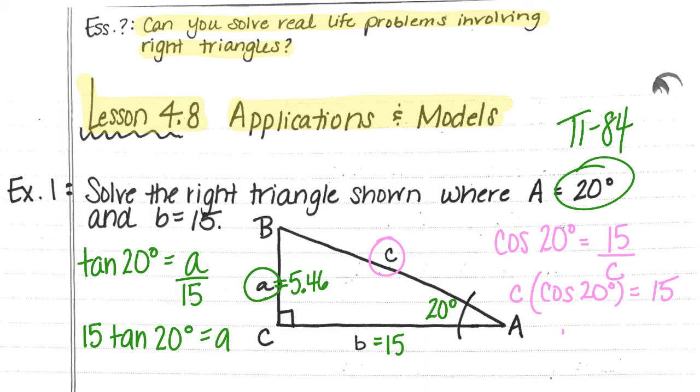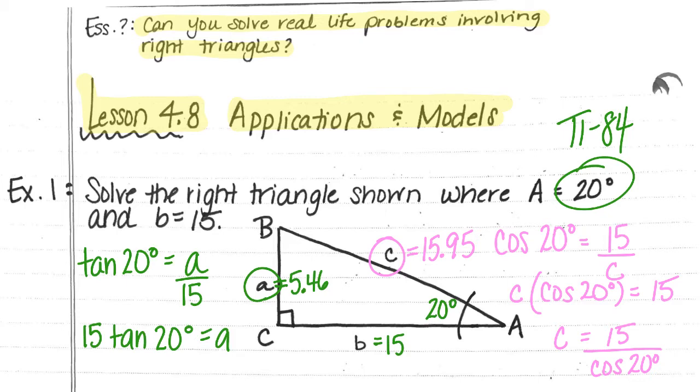So in order to solve for C, I'm going to take 15 divided by the cosine of 20 degrees. When I put that in my calculator, I do get 15.95.